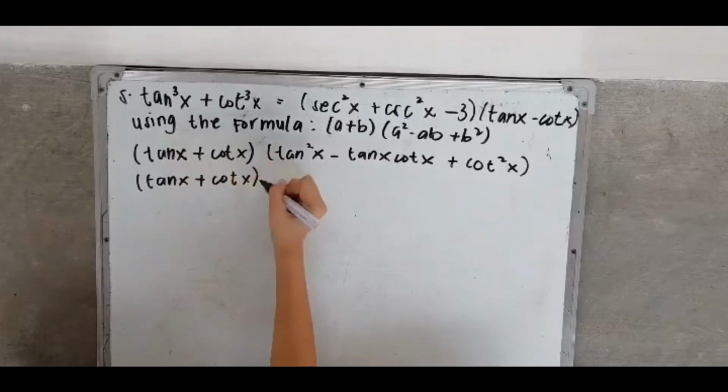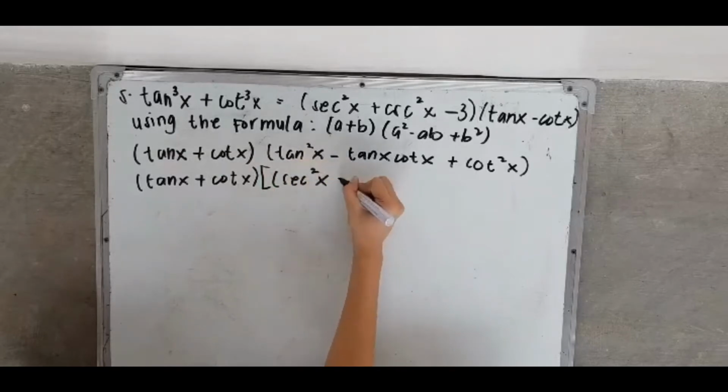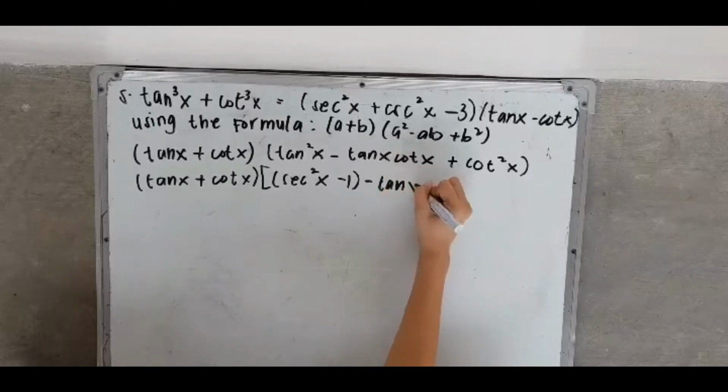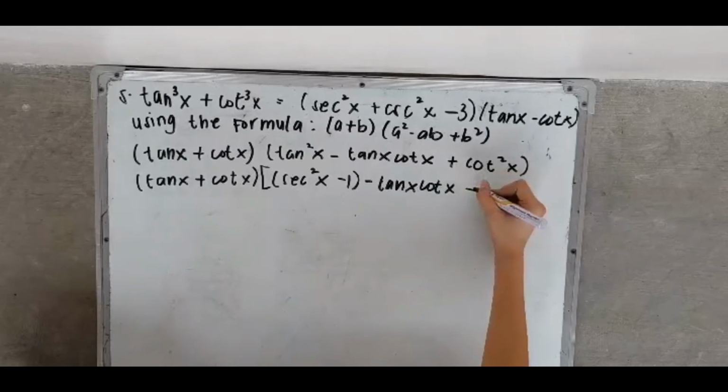Using the Pythagorean identity on tangent squared x, we will get secant squared x minus 1. Similar to tangent squared x, we will also do the same with cotangent squared x. We will get cosecant squared x minus 1.